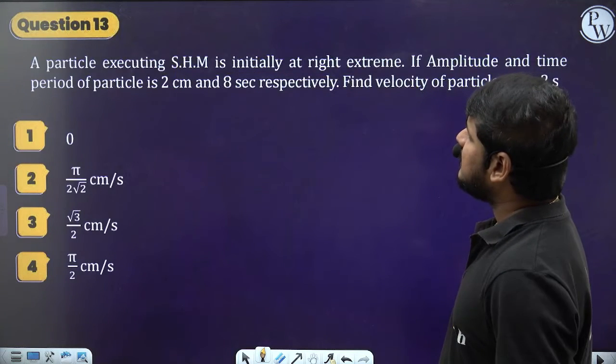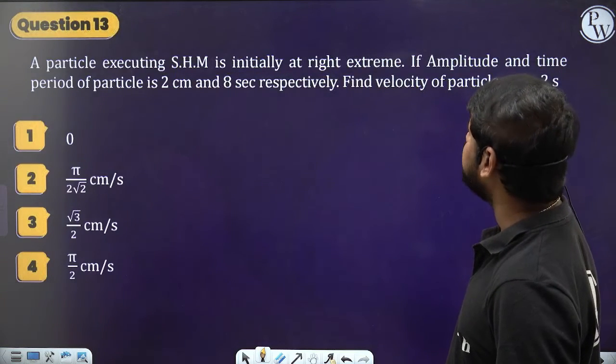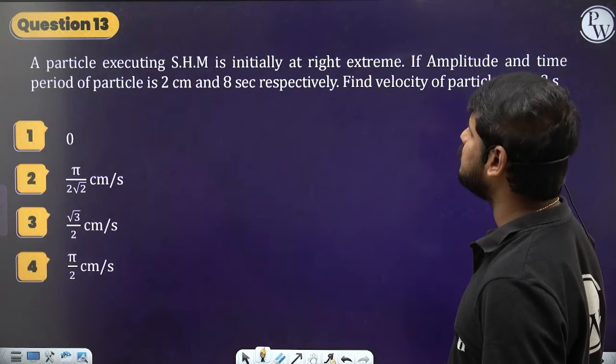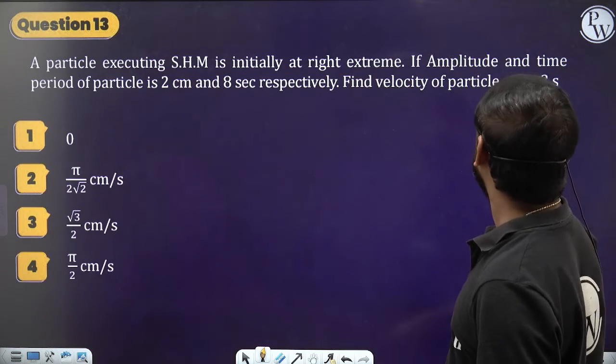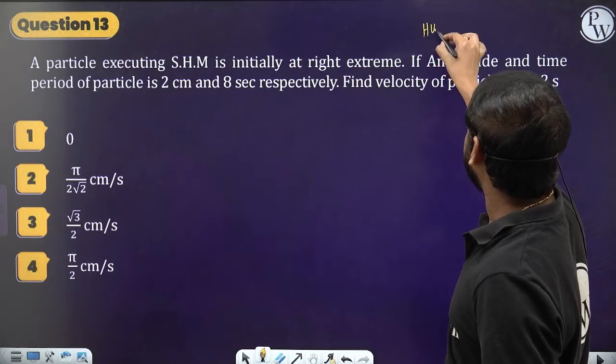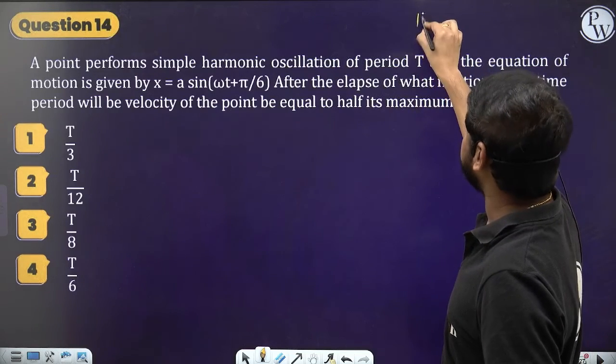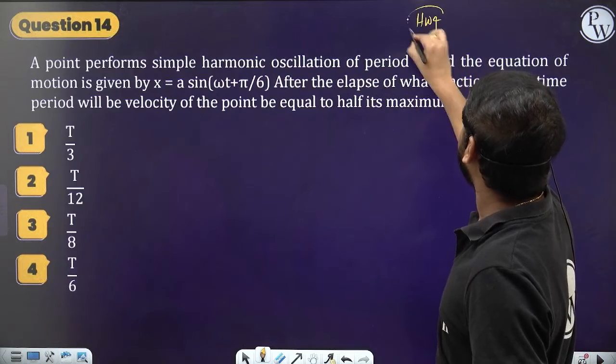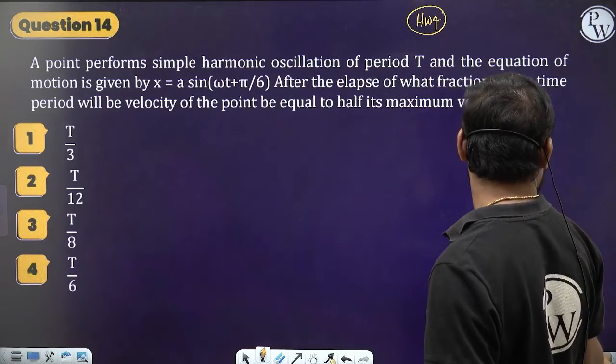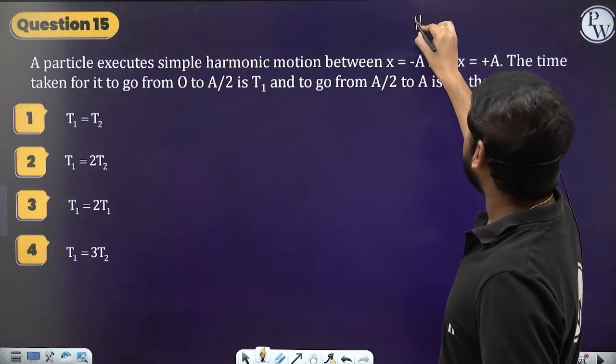A particle executing S.H.M. is initially at the right extreme, given the amplitude and the time period. Take this as homework 3, guys. This as homework 4. We have many simple questions.